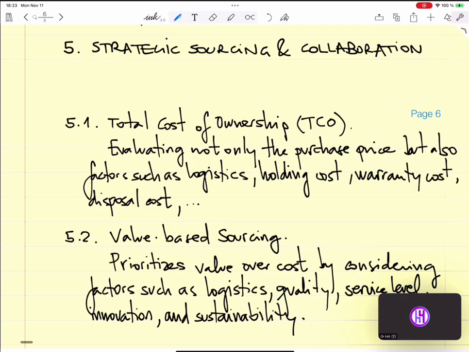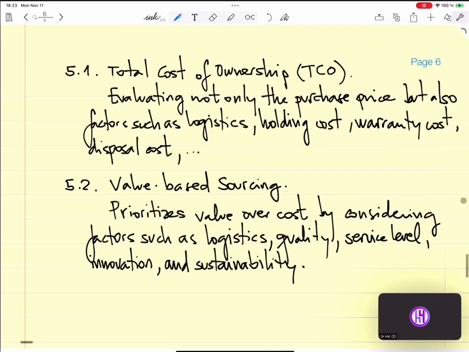So basically you want to align your company values to whatever your suppliers are doing.